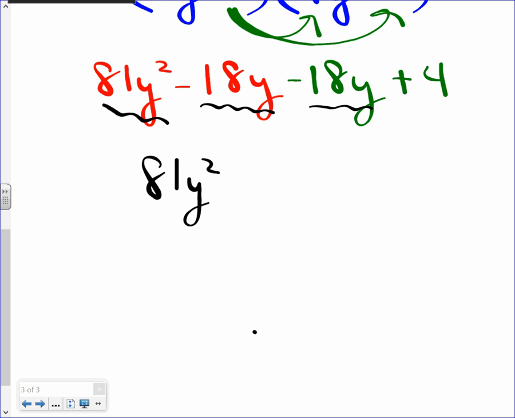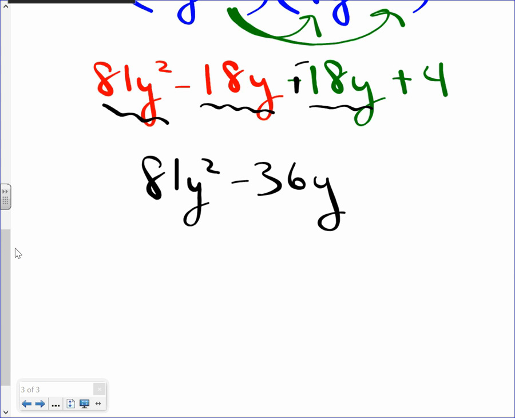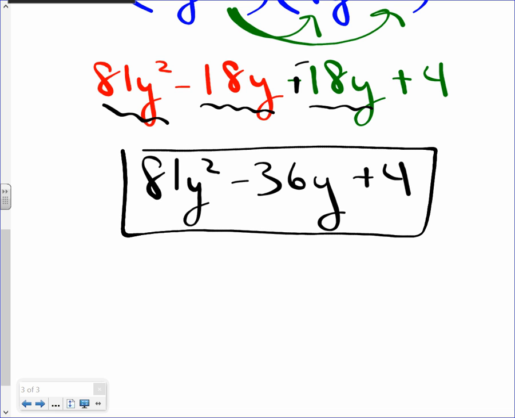Negative 18 minus 18. Positive or negative? Nice, because this is a plus negative here. So I got a negative 36y. Excellent. So like terms are like terms. I got the plus 4. We're rocking and rolling. We've got a trinomial again. Cool.